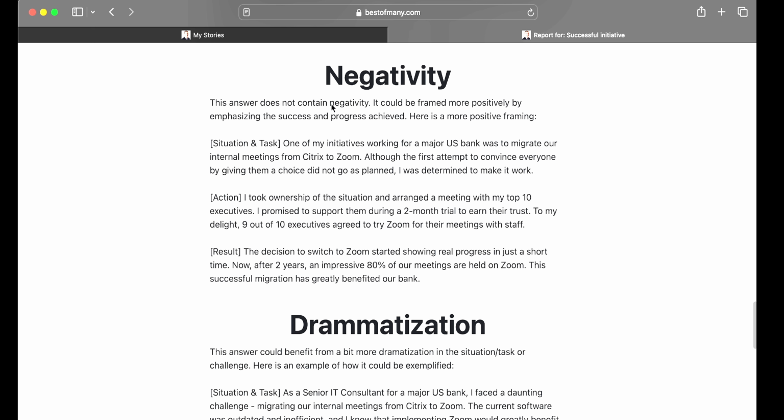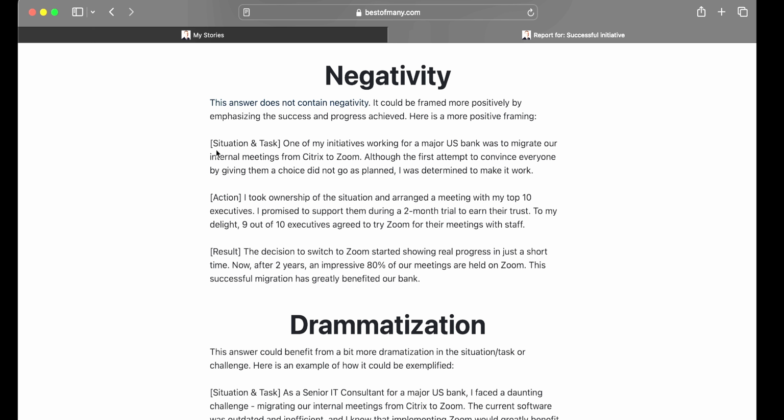Negativity. The reason why I added such a filter is because some people have a tendency to be overly negative or overly pessimistic in their answers, and this specific answer is not framed negatively. However, it could benefit from a more positive framing if you want.